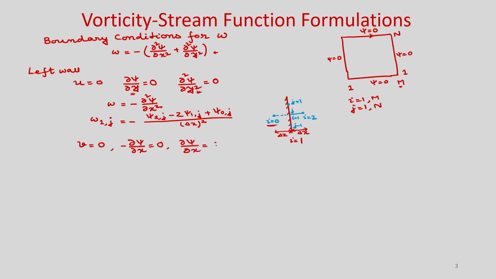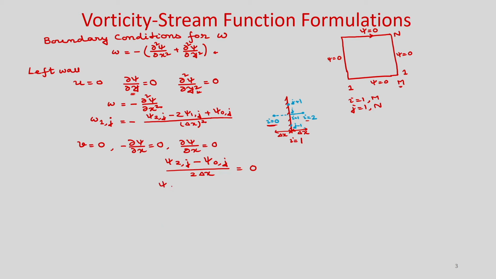So, you can write the central difference: psi 2j minus psi 0j divided by the distance between these 2 points, 2 delta x, because here I is equal to 2 and I is equal to 0. So, this is equal to 0. We have used central difference.